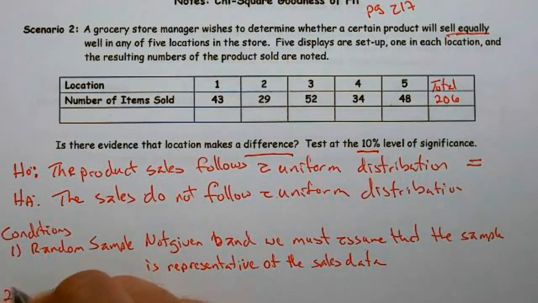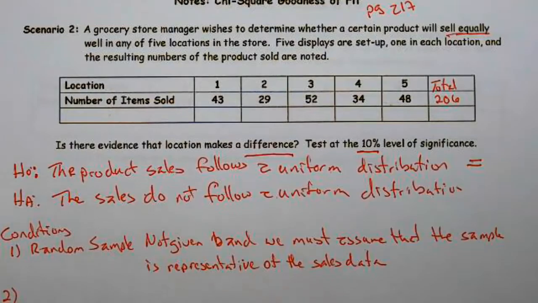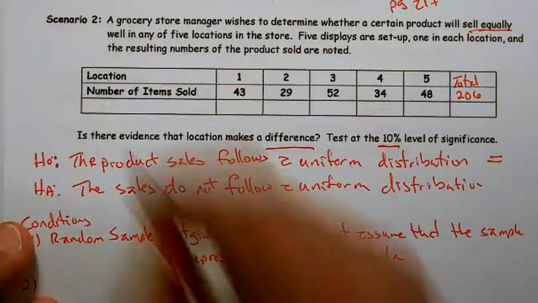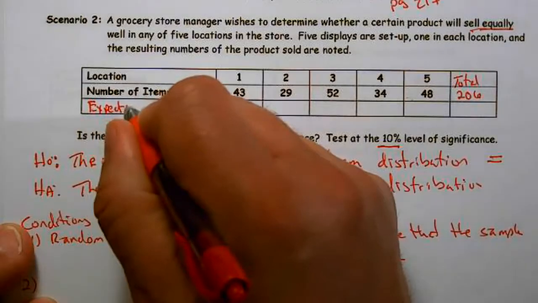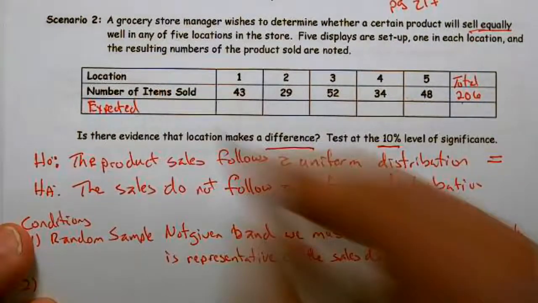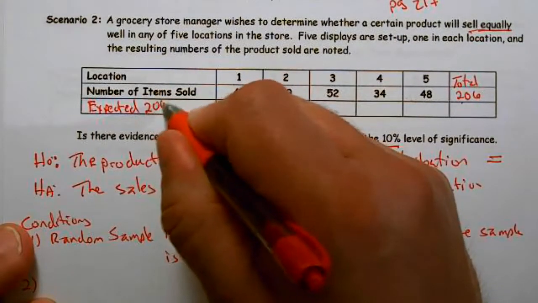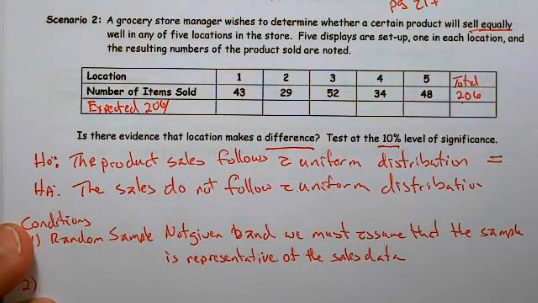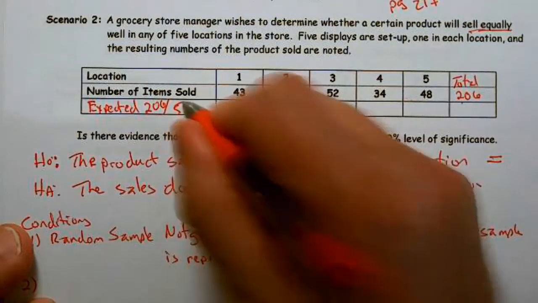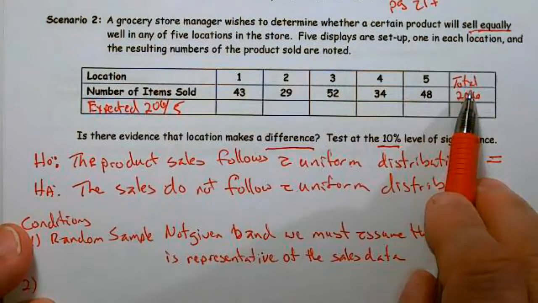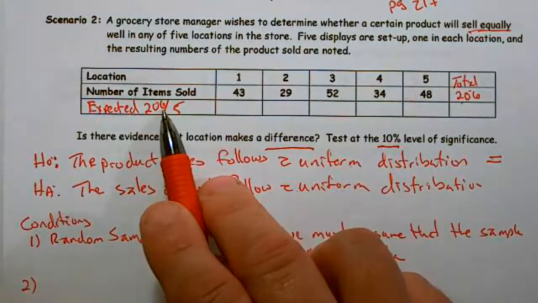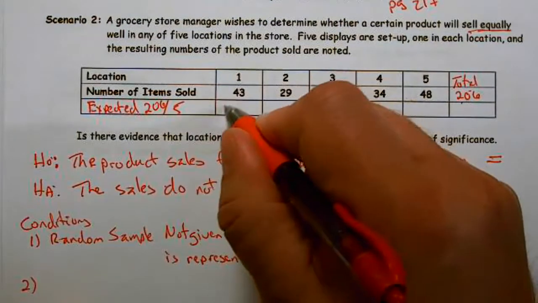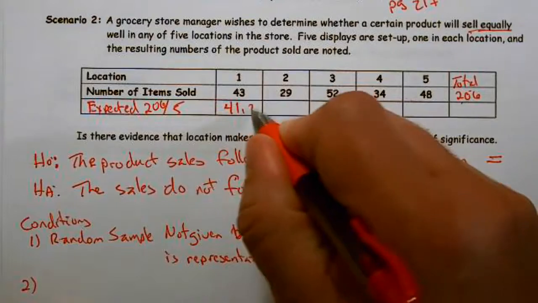Two, that's our expected values. Well, we don't know them yet, so we're going to have to calculate them. They're expecting them to be the same for each place. So I should be able to take 206, which I got by adding all these up, and divide by the 5 categories. 206 divided by 5 ends up being 41.2. So each of these, I'm expecting 41.2.